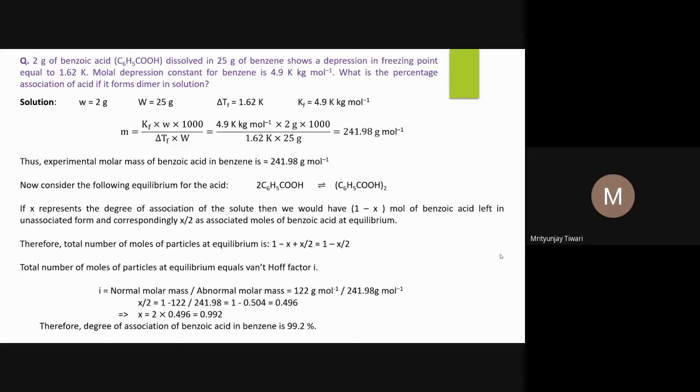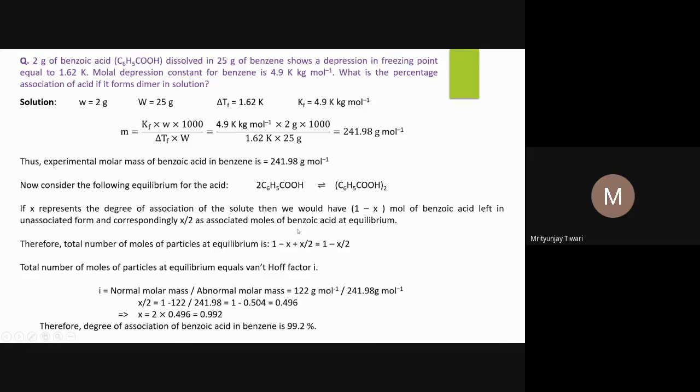So 0.1 is now associated and forms a dimer. The number of dimer particles will correspond to 0.1 divided by 2, so 0.05, and the unassociated molecules, the monomers, were 0.9, 90%. So 0.9 plus 0.05 means 95% of the particles are there. The total number of particles one would expect is different, and only 95% of the particles are there now because of the association.